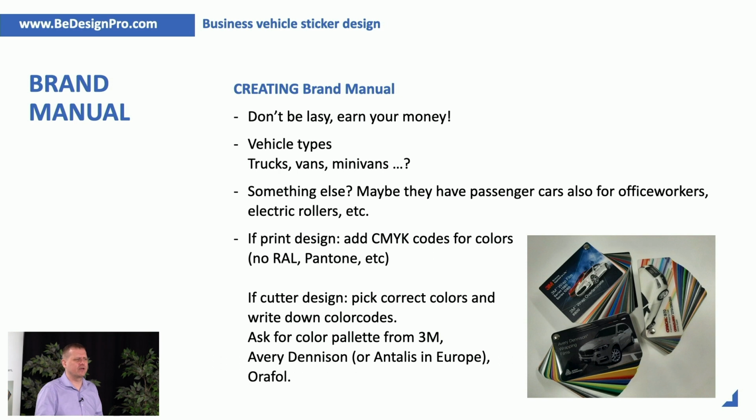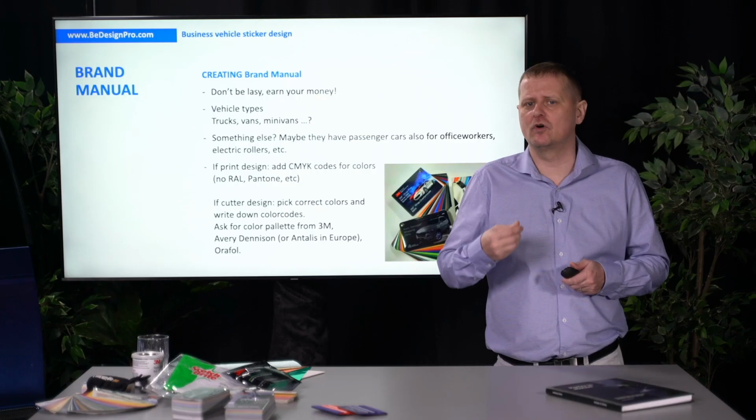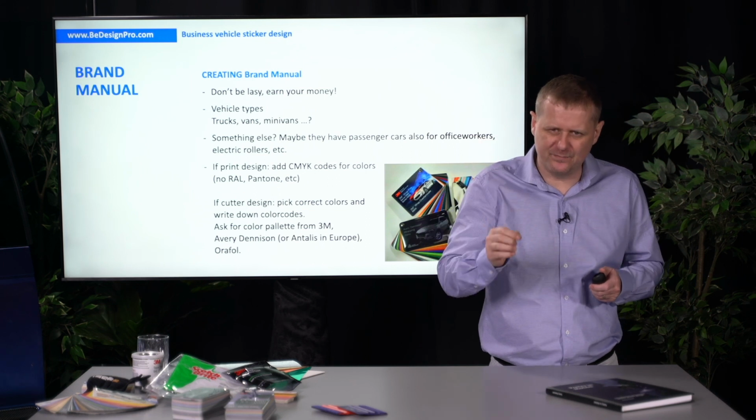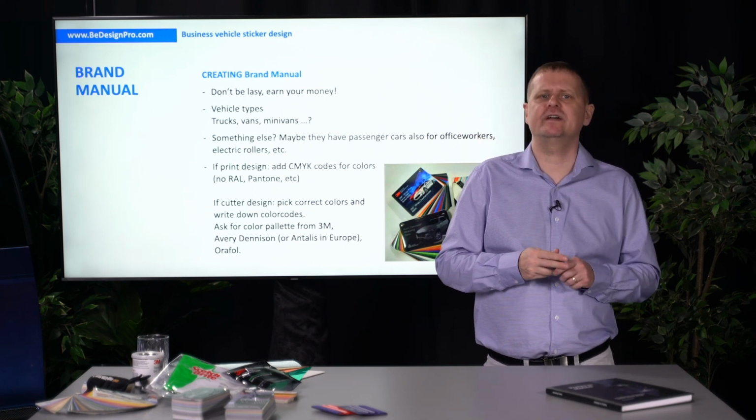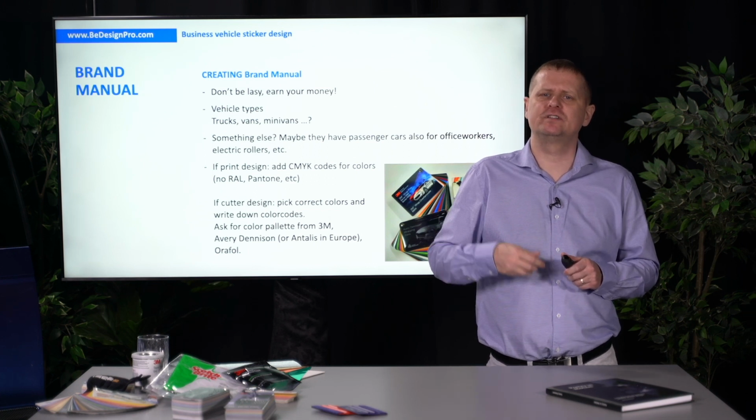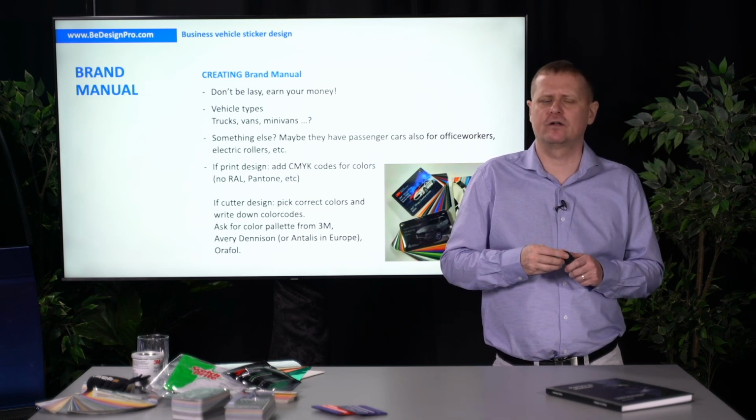There have also been cases where different solutions haven't even been considered. For example, maybe they have their own electric scooters now or bicycles. These can all be put into the brand manual and used as the company's messengers. So please consider them also. When you have done your design solution, then write down printing codes and color codes.